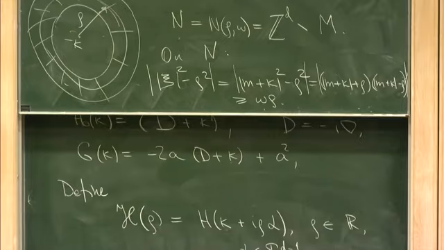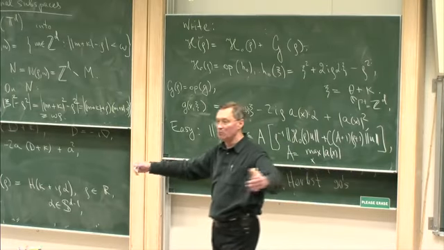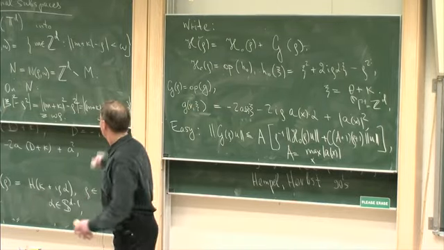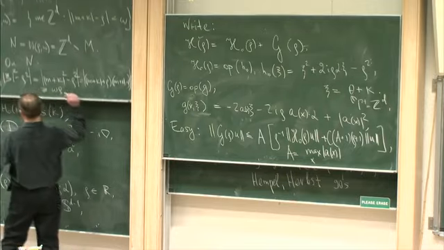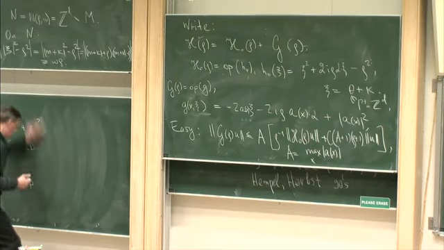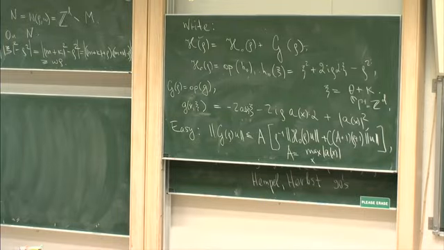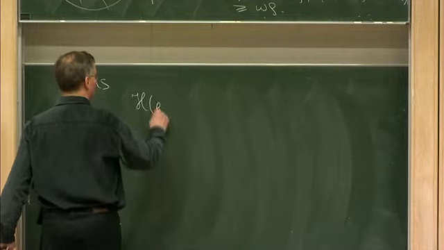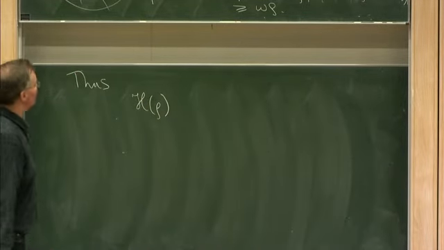Because if we take omega larger than this, then we can estimate the whole operator on that subspace associated with lattice points outside the spherical layer and get a good estimate. I'm going to write this now. H of rho.